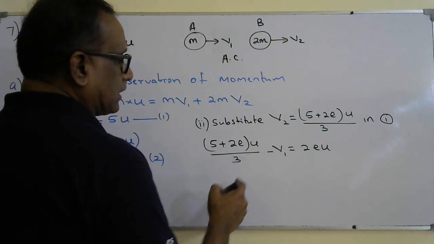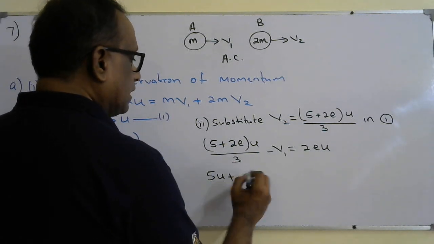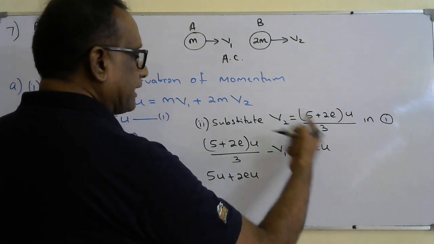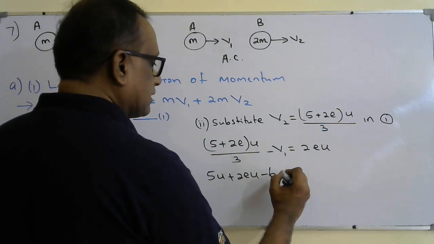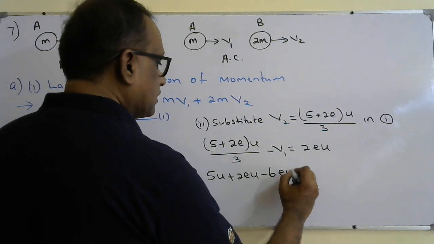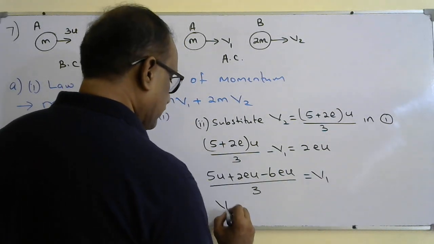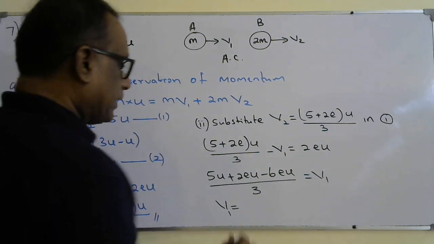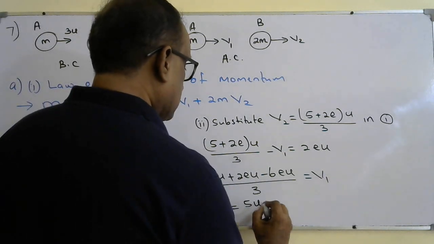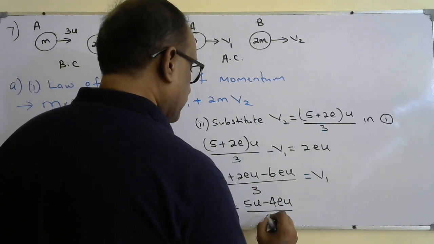That will be 5u plus 2eu; when you bring it to the left, it will become minus 3eu, so 5u minus... is it 4eu, over 3 equal to v1.